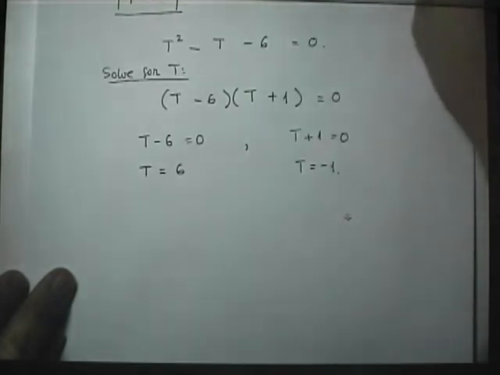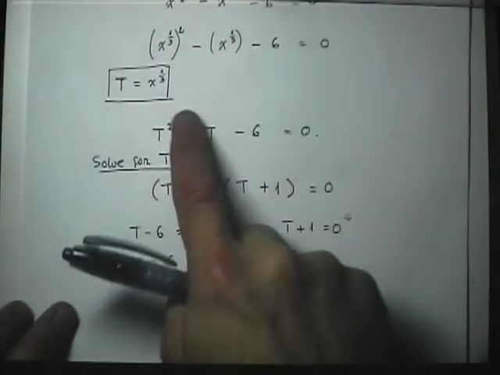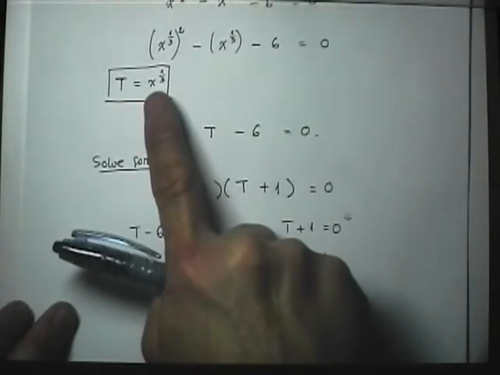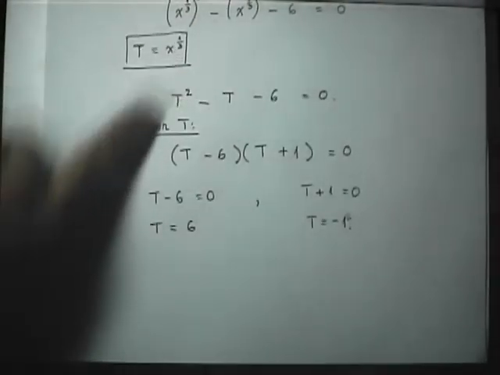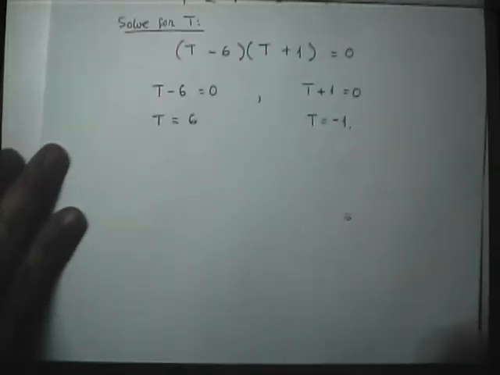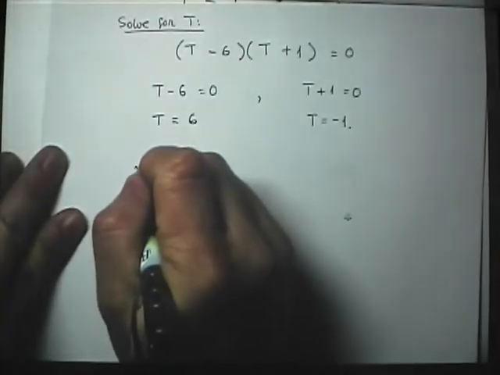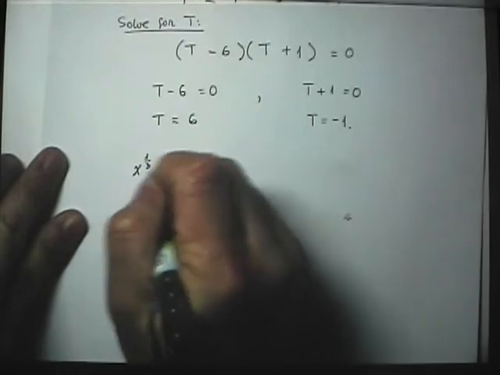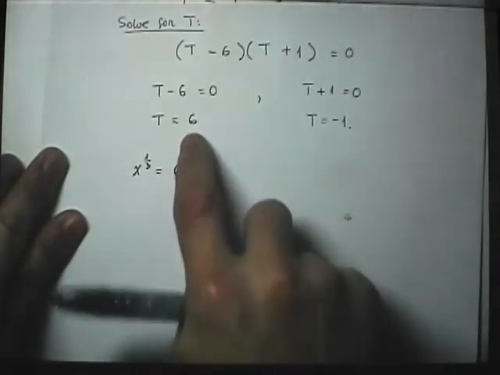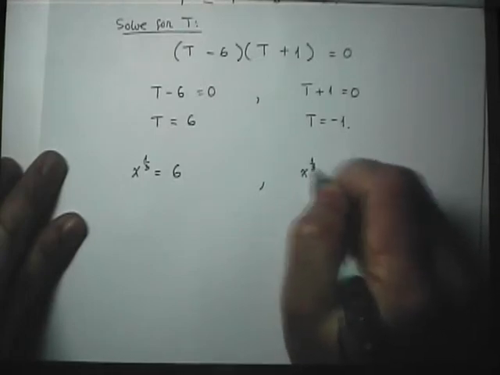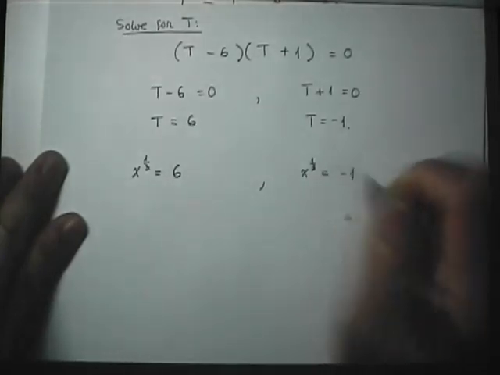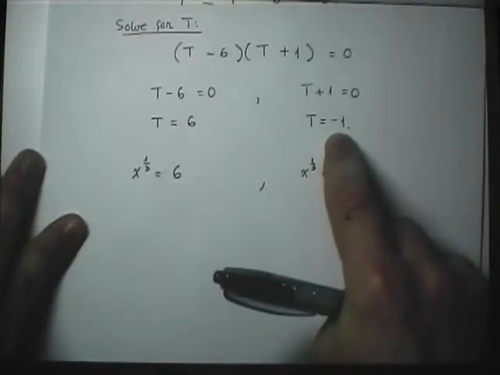Now, I need to look back at the substitution, and what I'm saying here is that t itself equals x to the 1/3 power. So on one hand, x to the 1/3 power is set equal to the value 6 that we found for t. And on the other hand, x to the 1/3 power can also equal negative 1, as we found negative 1 is the other possible value for t.